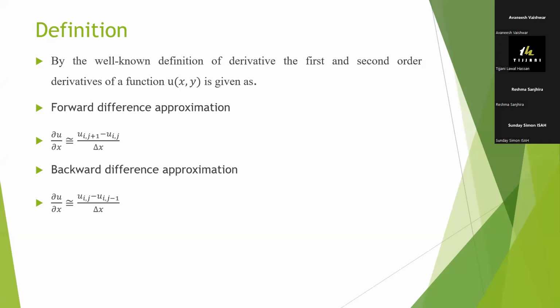These are the first order approximations. Sometimes we can use forward difference approximation, sometimes backward difference. It depends on the scheme, what implementation we are making on the given problem. For accuracy purposes, they differ from each other. Sometimes we get a better result from the forward difference, and sometimes from the backward difference formula. So it depends on the numerical scheme.